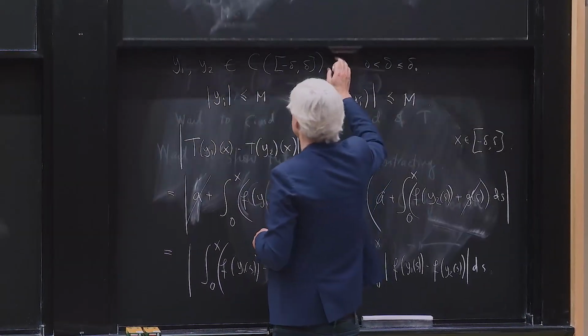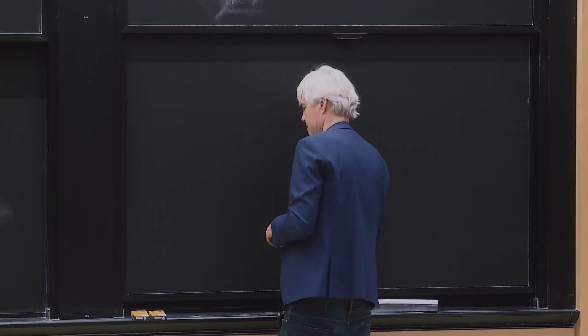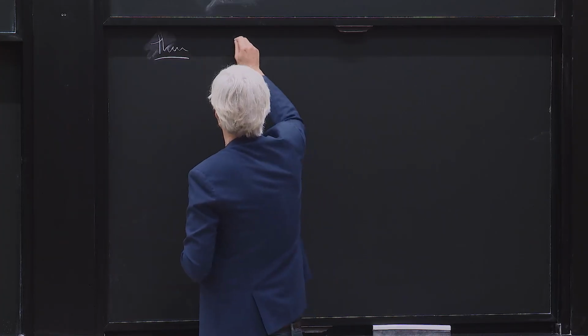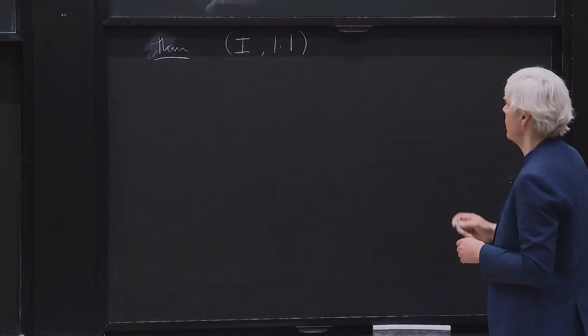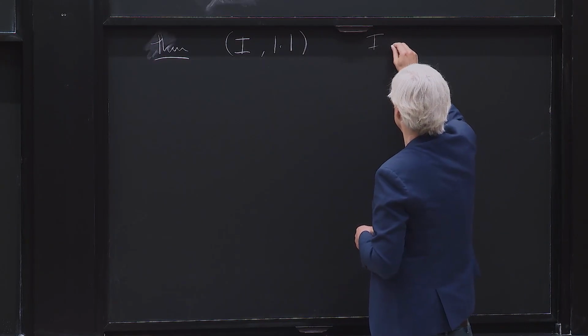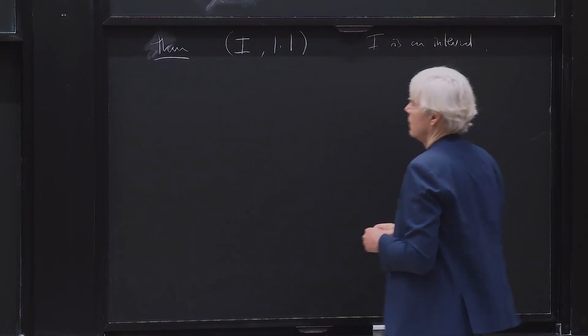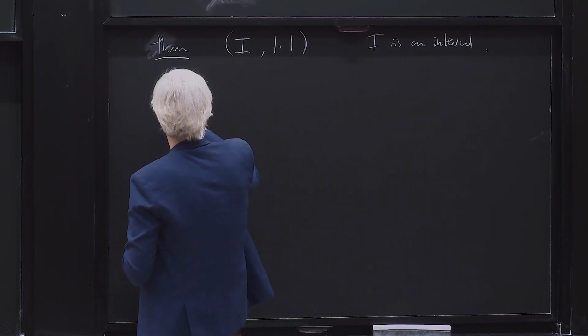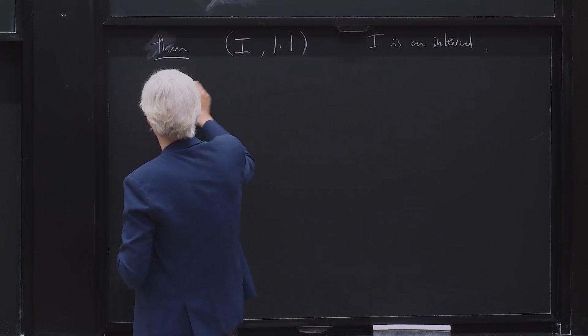And so now we have the following lemma, or theorem, let's call it theorem, that if you take an interval I with the usual metric, then this metric space is connected.